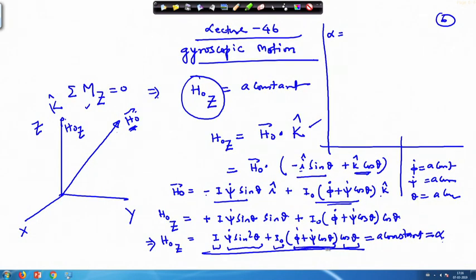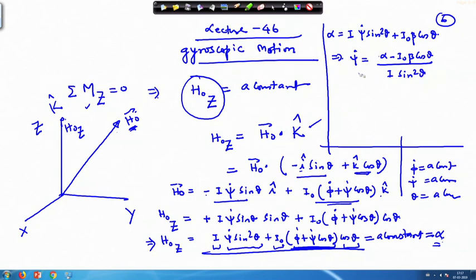Then alpha can be written as I times psi dot sin square theta plus I 0 beta times cos theta, and this implies psi dot equals alpha minus I 0 beta cos theta divided by I sin square theta.